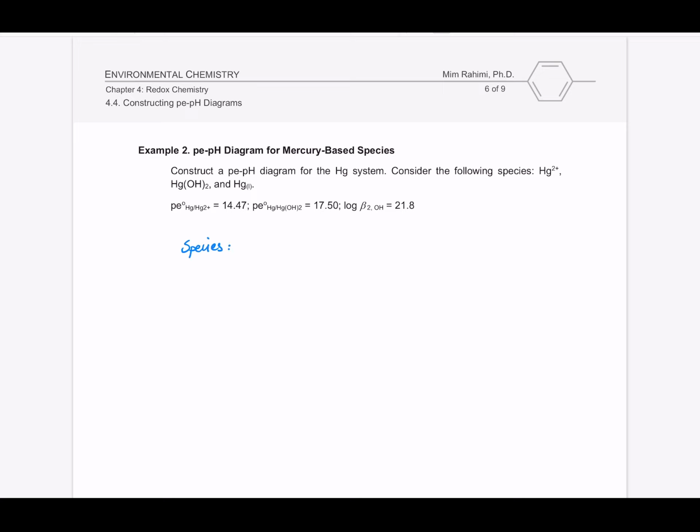In terms of species, we get Hg2 plus, HgOH2, again a dissolved species, not a precipitate, and we get Hg in the form of liquid.